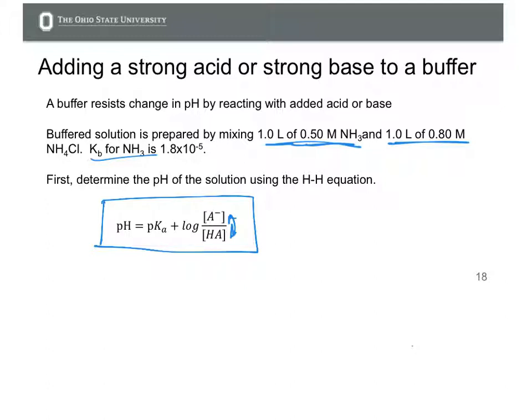It's going to help clarify things for you. And you can figure out pKa given a Kb, right? So you'll take your Kb, and you'll convert that to Ka using Kw equals Ka times Kb, and then go to pKa, okay? So you can use this equation even for a buffer with a weak base. We'll start here next time.